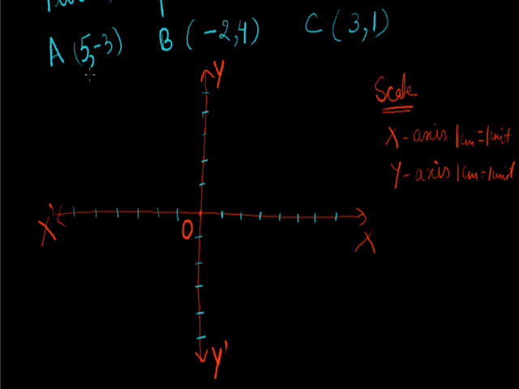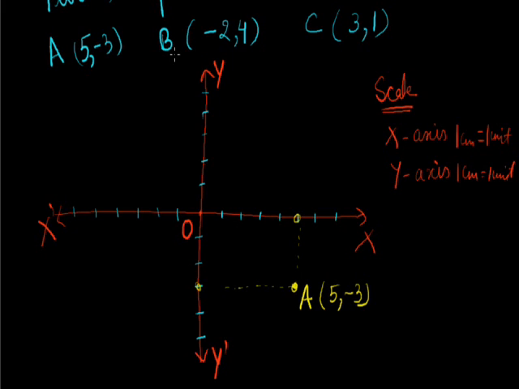It is having 5 as the x coordinate and minus 3 as the y coordinate. So we proceed 5 steps in the x axis. 1, 2, 3, 4, 5. Then we have to go 3 steps downward in the y direction. 1, 2, 3. And the combination of the two is the required point, which is A point. Its coordinates are 5 and minus 3.